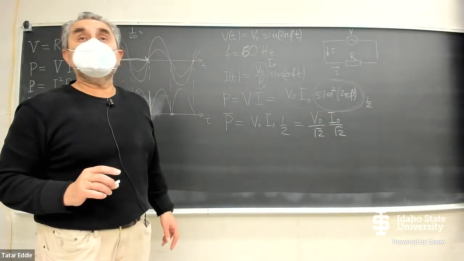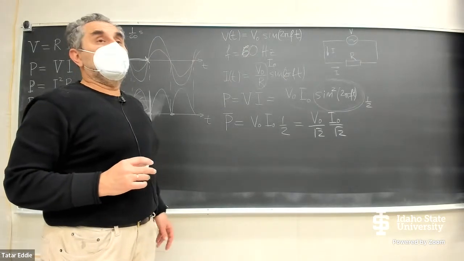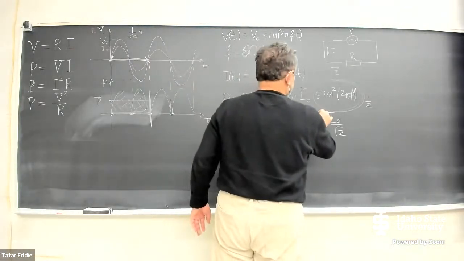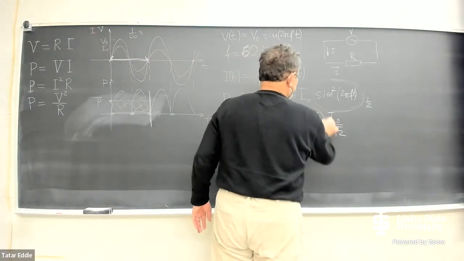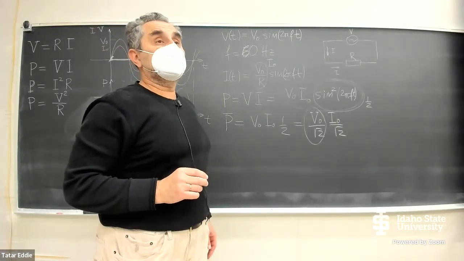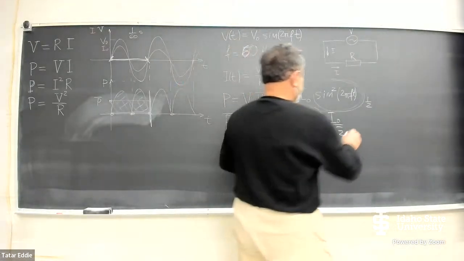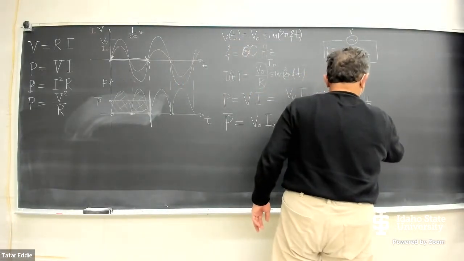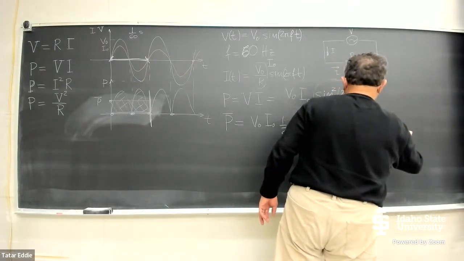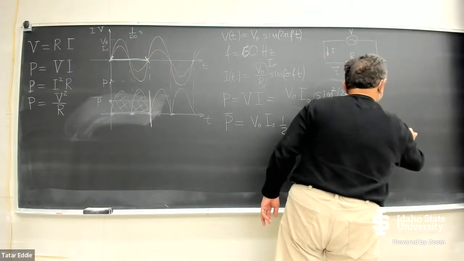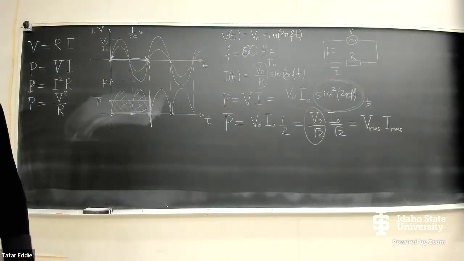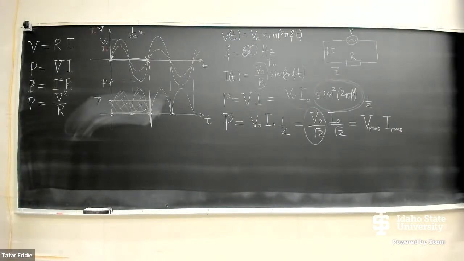And the reason for that weird way of writing is because amplitude divided by square root of 2 is exactly what we call root mean squared. So this is root mean squared of the voltage times root mean squared of the current, RMS for short, and this is a standard notation used in your textbook, RMS value.